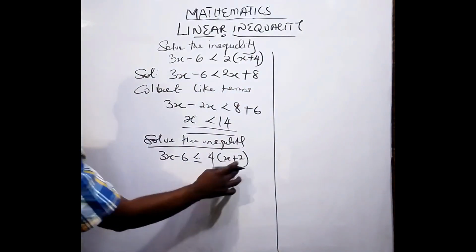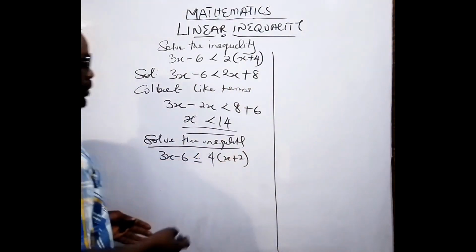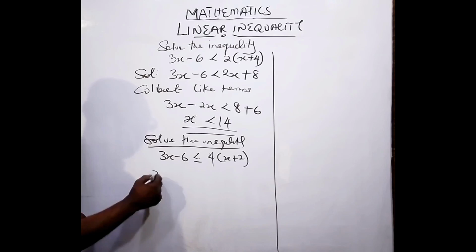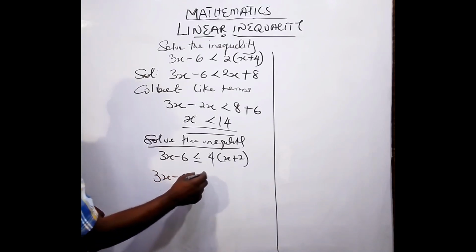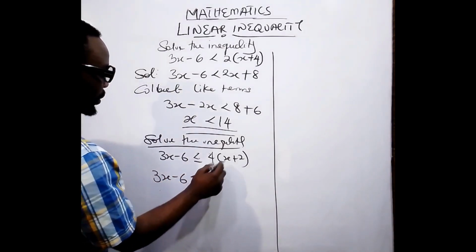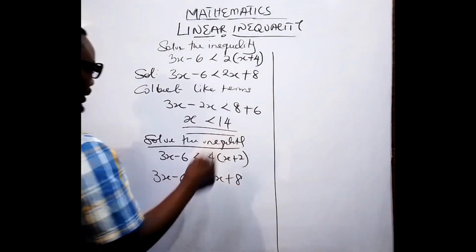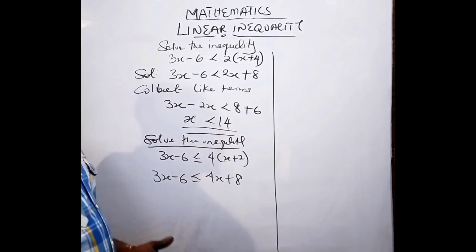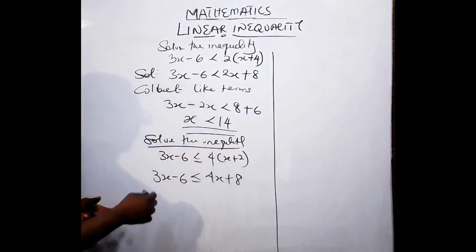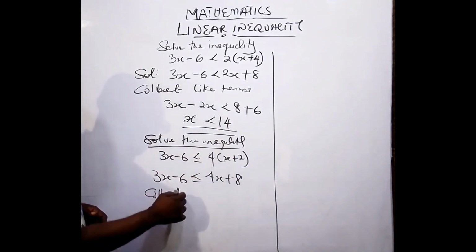Now, this question, also you are going to open the bracket. So again, 3x minus 6 is less than or equal to 4 times x is 4x, and 4 times 2 is plus 8. What you do next is that you will collect like terms.